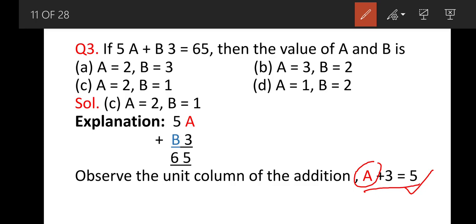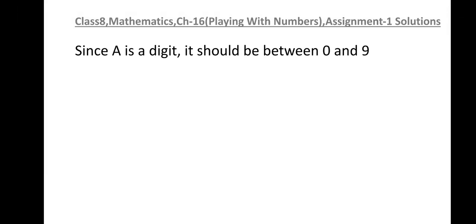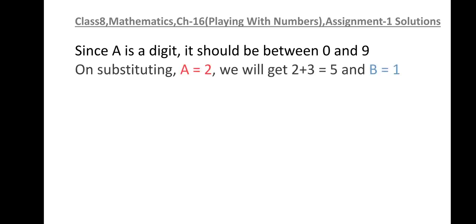So let us see whether, if I put a is equal to 2, I will be able to get the value of b. Since a is a digit, it should be between 0 and 9, as I told you, this is the rule. On substituting a is equal to 2, we get 2 plus 3 is equal to 5 and b is equal to 1. The other column will be solved automatically, like 52 plus 13 is equal to 65.